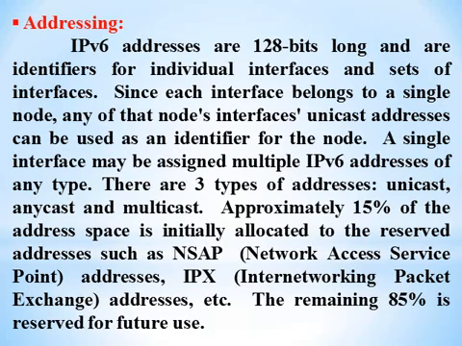Approximately 15% of the address space is initially allocated to the reserved addresses such as NSAP, that is Network Service Access Point addresses, and IPX, that is Internetwork Packet Exchange addresses, etc. The remaining 85% is reserved for future use.